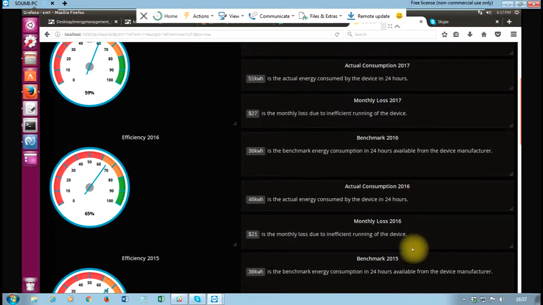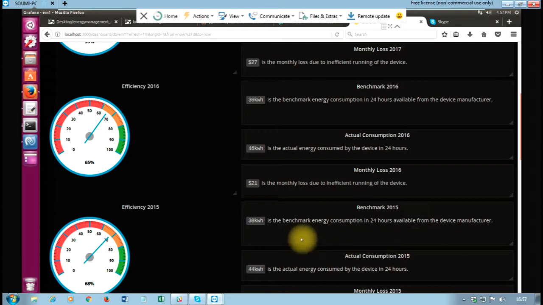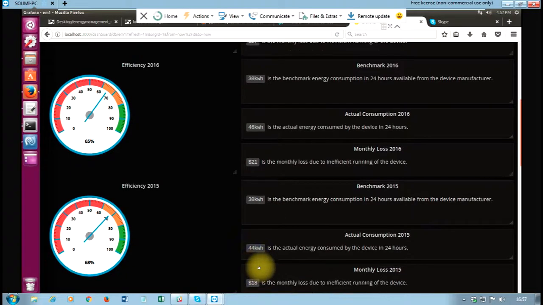The data for 2015 shows that the benchmark was 30 kilowatt hours in 24 hours, and the actual consumption was around 44 kilowatt hours, and that meant that there was a loss of $18 for the month.